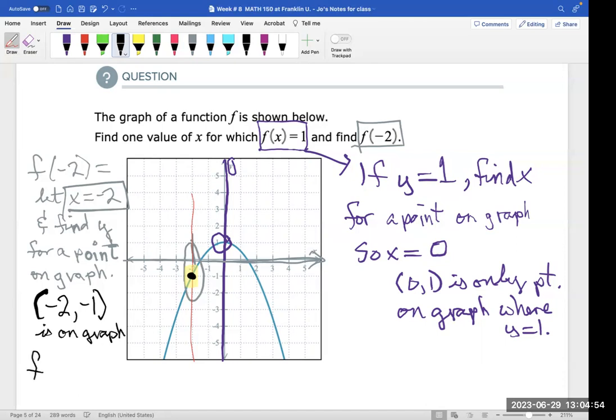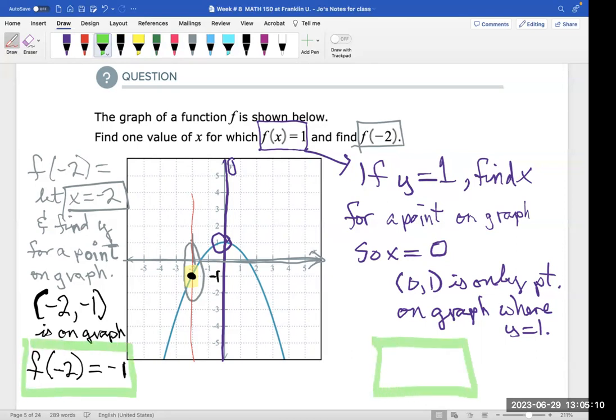So now I know that if I input a -2 into my function f, it will output a -1. Just like over here, f of 0 input will give me an output of 1.